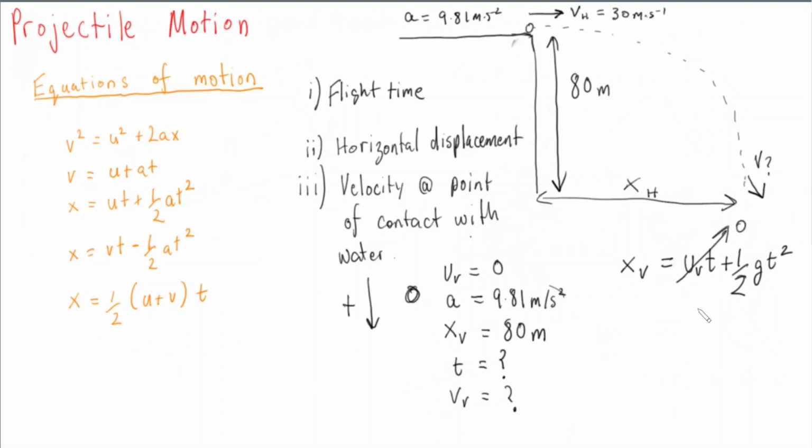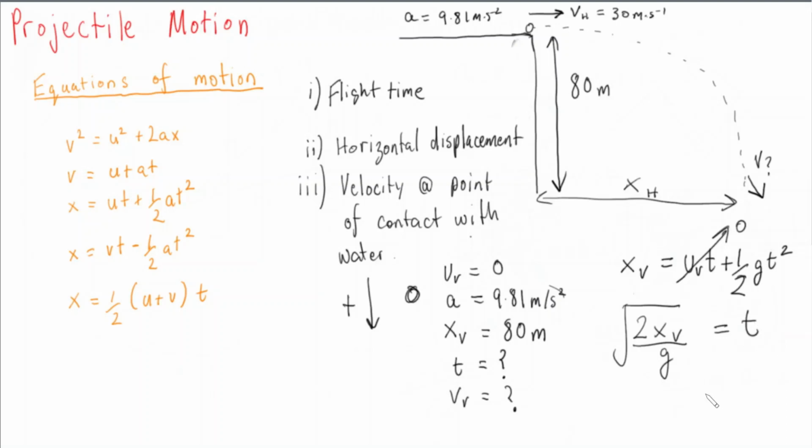That will go to 0 because our initial velocity in the vertical direction is 0. And I can rearrange this equation for t, so I can take everything to the other side to say 2xv divided by g is equal to t squared.